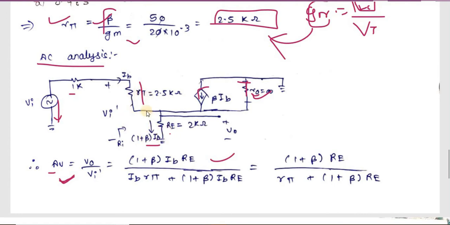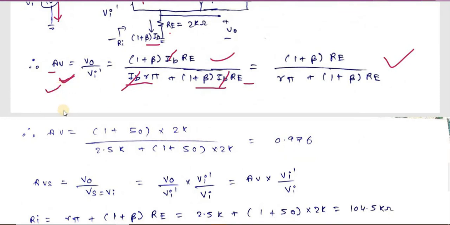You can use either KVL or just V equals IR, Ohm's law. So it will be IB R pi plus 1 plus beta IB into RE. You can clearly see IB is common, so you can cancel it from numerator and denominator, and you will get 1 plus beta RE upon R pi plus 1 plus beta RE. This is your internal voltage gain.